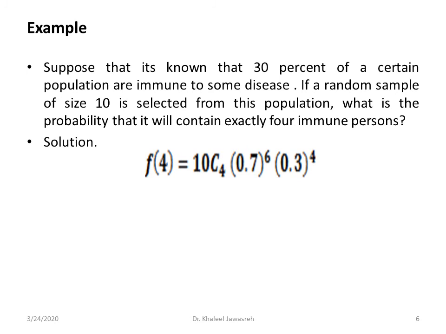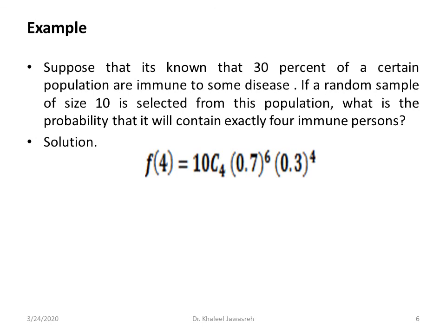0.7 and 0.3 here are the failure and success, as we discussed in the first part of this lecture. 0.3 is what we call the p. P here is the percent of success. Where has it been taken from? From the question: 30% of a certain population are immune to some disease, and the rest of them are not immune.